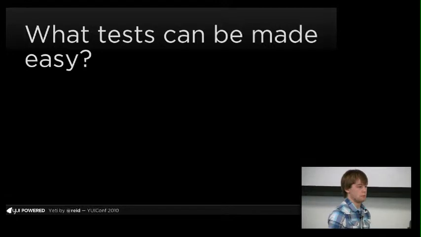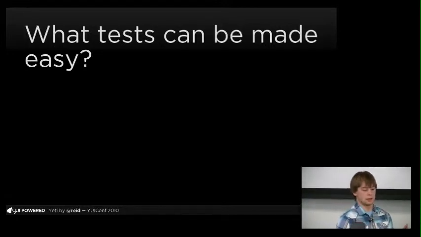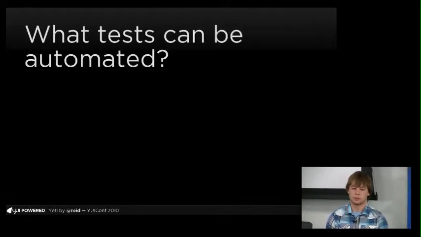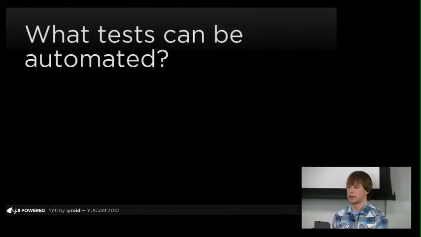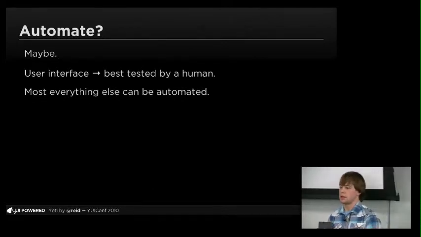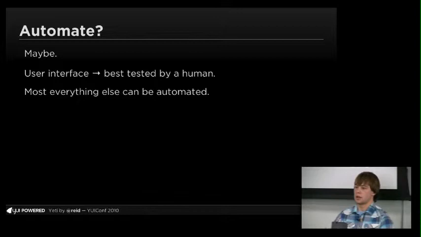And so when dealing with tools like Yeti that deal with automated tests, like YUI Test, where you're actually programmatically going through it, instead of asking what tests can be made easy, it's really what can be automated, because that's what Yeti helps you with today. So the question of automation is important, because not everything that you're doing can be automated.